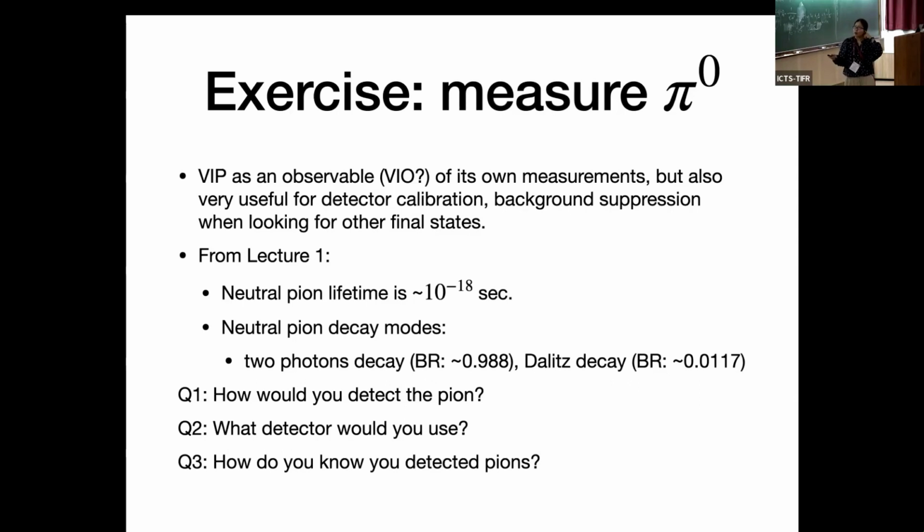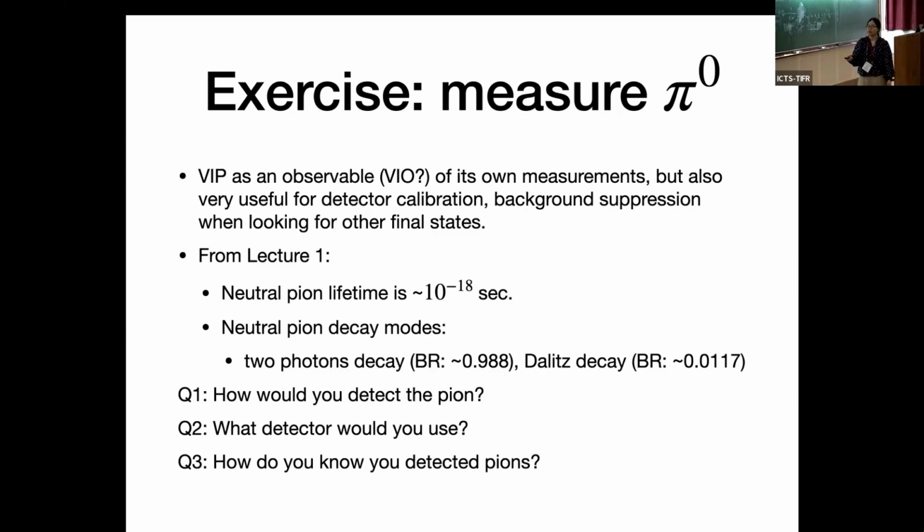So we already talked about how you detect the pion by reconstructing it from the two-photon decay. What kind of detector would you have then, to detect the decay from the pion? What are you actually measuring?